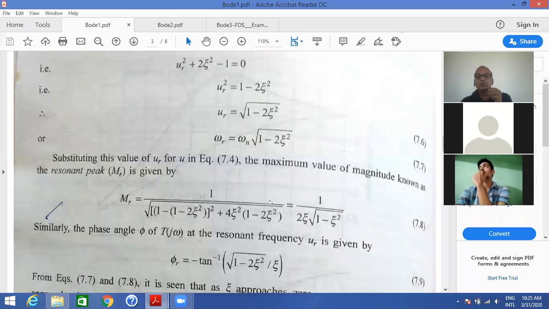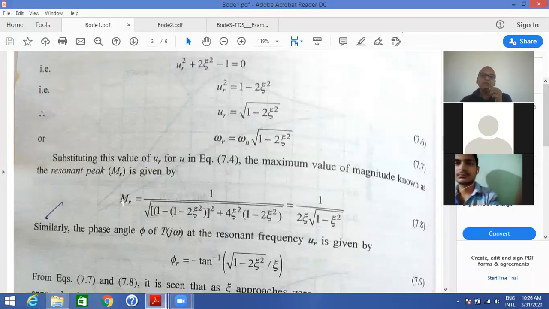Mr equal to 1 upon twice zeta under root 1 minus zeta square. And here, if you observe, omega R equal to omega n into under root 1 minus twice zeta square. If you observe these two equations, we already studied omega d in unit 3, omega d equal to omega n into under root 1 minus zeta square.